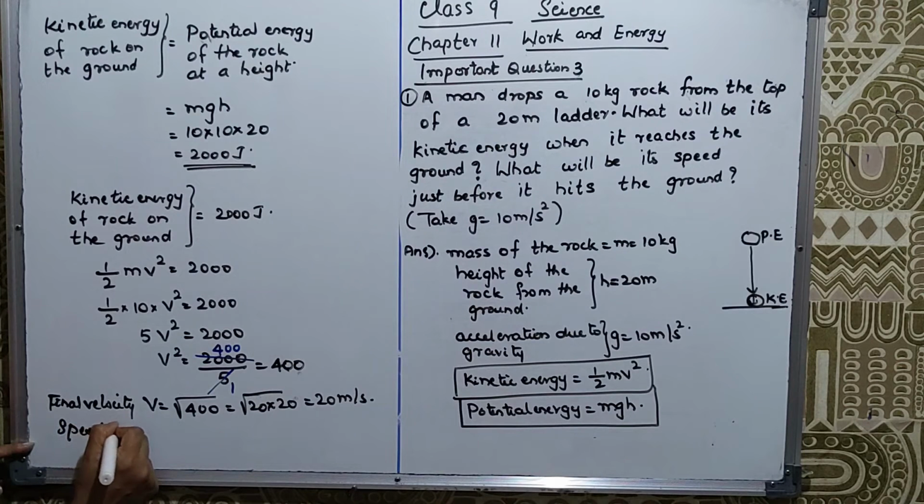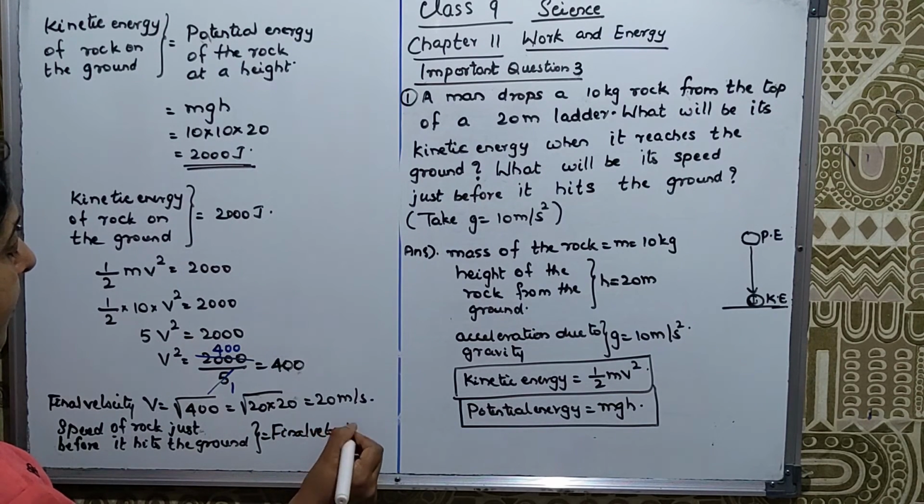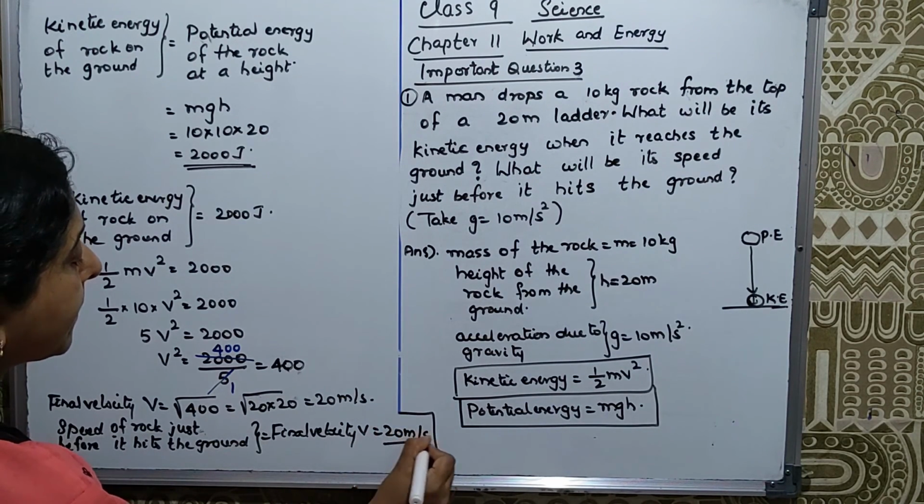So speed of rock just before it hits the ground is equal to the final velocity v, which is equal to 20 meter per second. That is the answer.